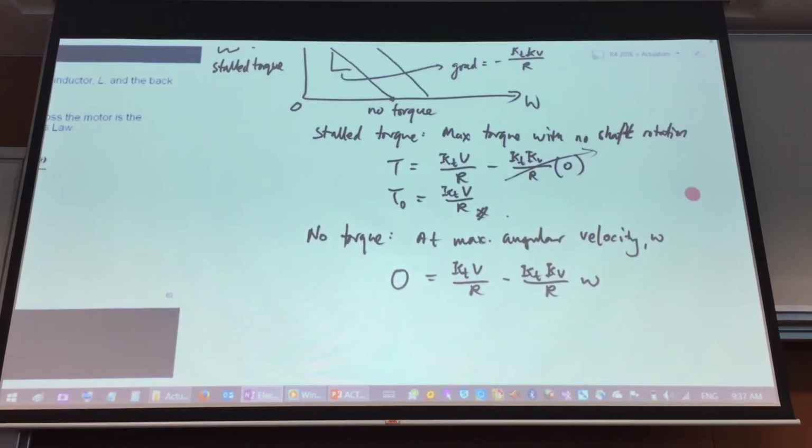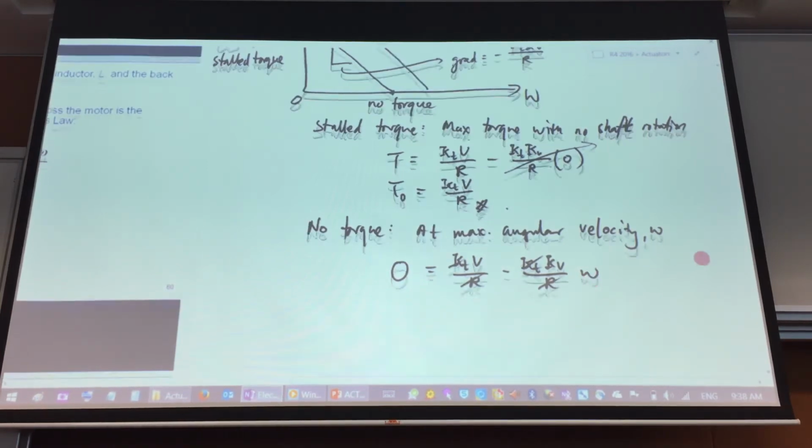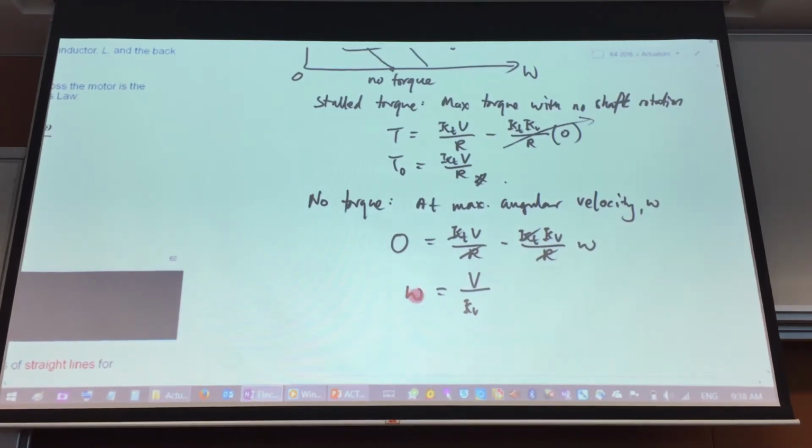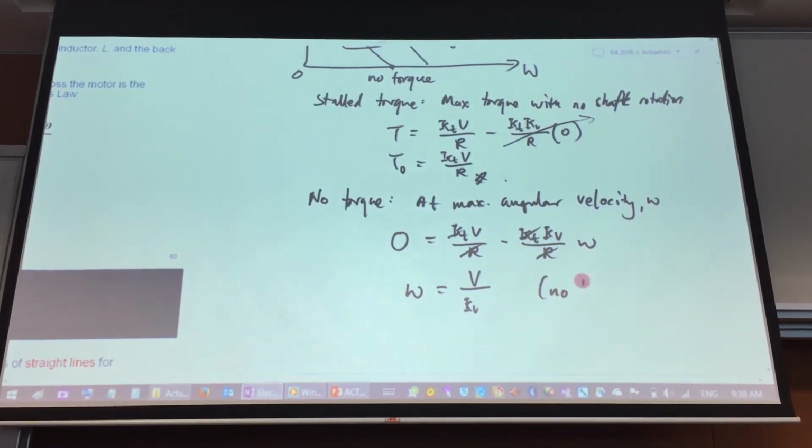There's a common factor, KT over R, which I can take off by multiplying R over KT throughout. That leaves me with the expression omega is equal to V over KV. This omega here would be the maximum speed, maximum velocity, or sometimes it's called the no load speed.